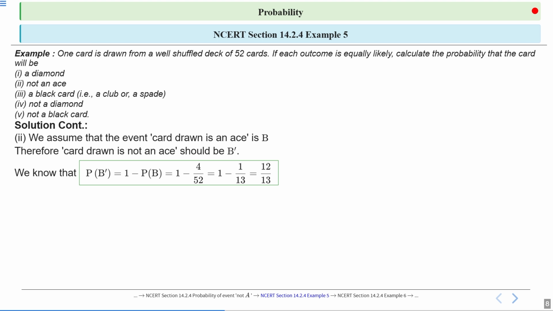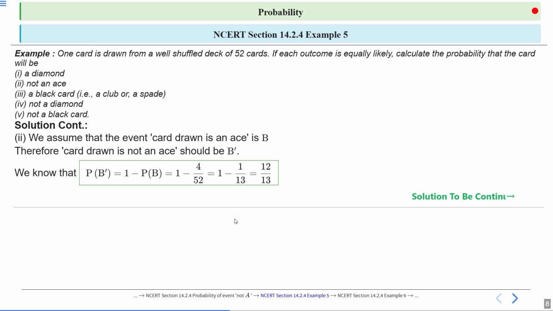So there are 4 cards which are basically ace cards. So probability of B complement is equal to 1 minus probability of B, and probability of B is 4 over 52. So this is equal to 1 minus 4 over 52, and after calculating you will obtain probability of B complement equal to 12 divided by 13.